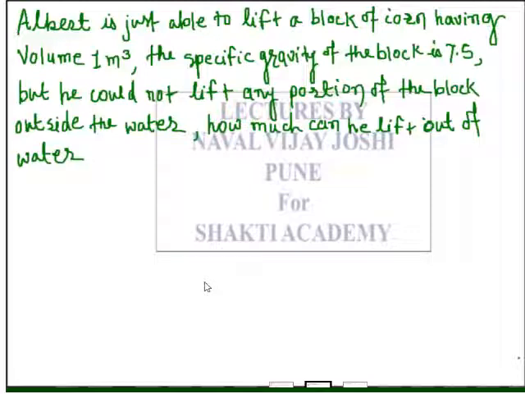You must know, and I think you are aware, that according to Archimedes' law, when we immerse any insoluble solid in a liquid, then the liquid exerts an upthrust on the solid which would apparently decrease its weight, and that's why the block would appear lighter inside the water.